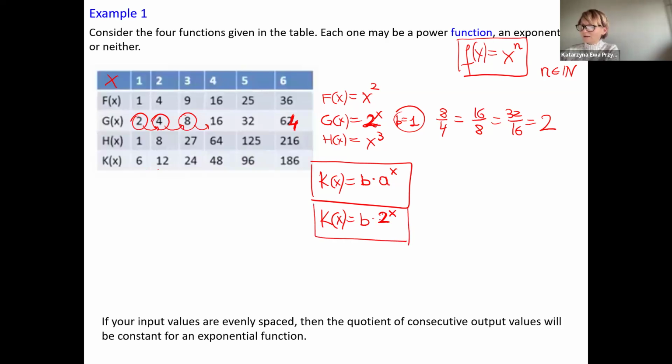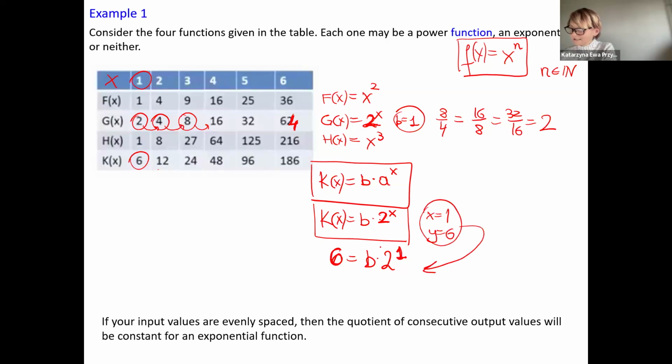But when x is 1, the value is 6. When x is 1, that means 2 to the power of 1, the value is 6. I just applied that.